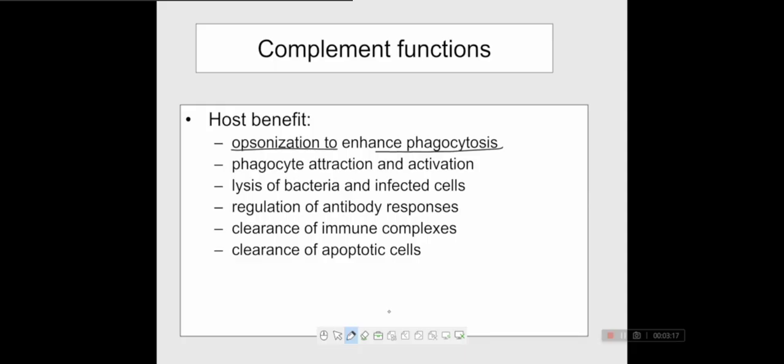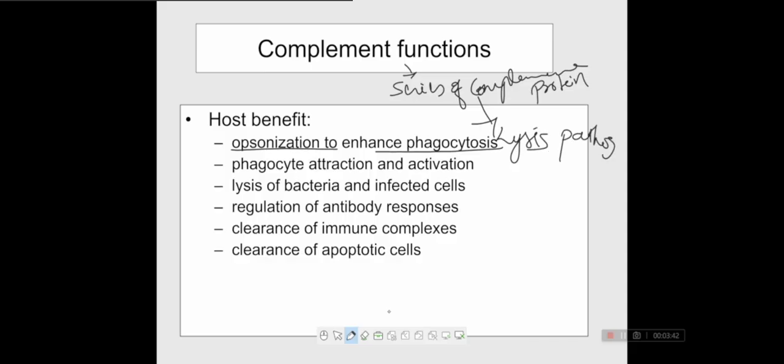When the series of complement proteins are activated, they lyse the pathogen or infected cell.